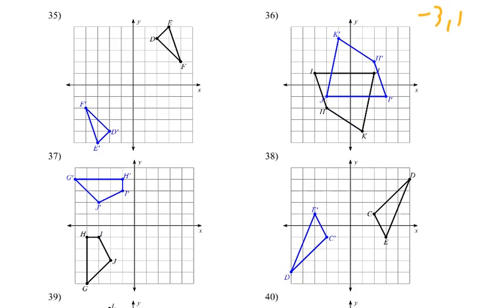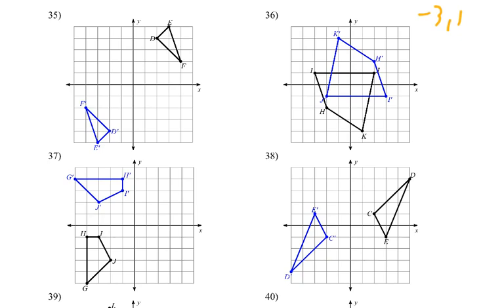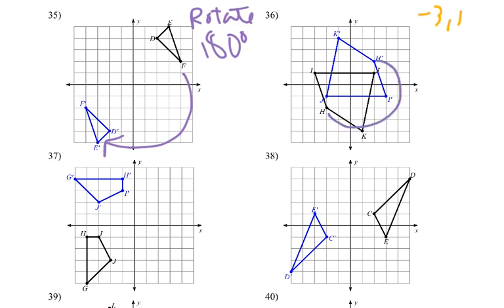Alright, so now looking at these transformations, okay, 35, we can obviously see that goes 180 degrees, so we rotate 180 degrees. Okay, 36 looks kind of difficult, but notice H goes clear, skips a quadrant, and then clear around, so another rotate 180. Okay, 38, E rotates another 180.